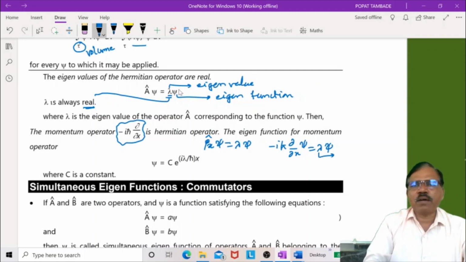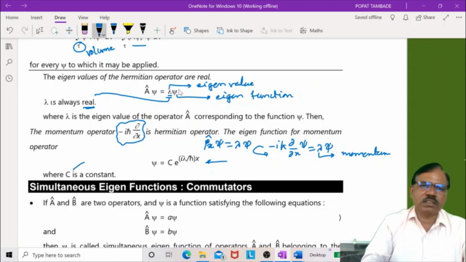Then this lambda will have dimensions of momentum. And if we solve this, we will get psi is equal to C e raised to i lambda upon h bar multiplied by x, where C is a constant. And this is the eigenfunction for the momentum operator.